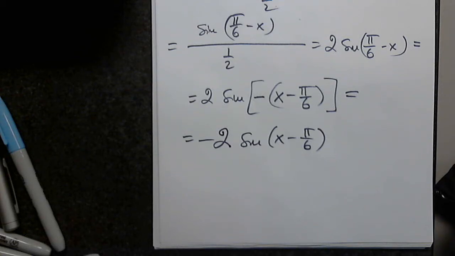This one is sine x cosine pi over 6 minus sine pi over 6 cosine x. Does it have to be in the form x minus pi over 6? No, that's what I said. This is a perfect answer. But since 3 minutes before we got a different answer, I had to show you how to get from one to the other and why they are the same.